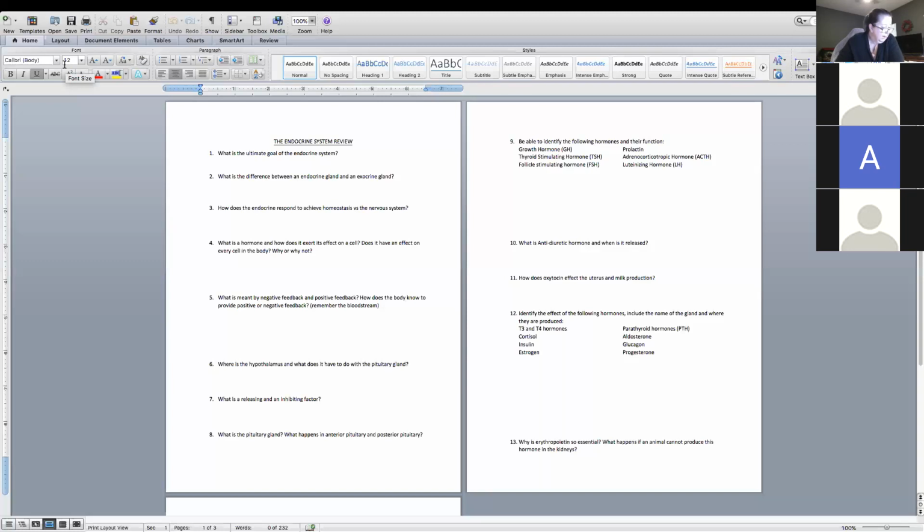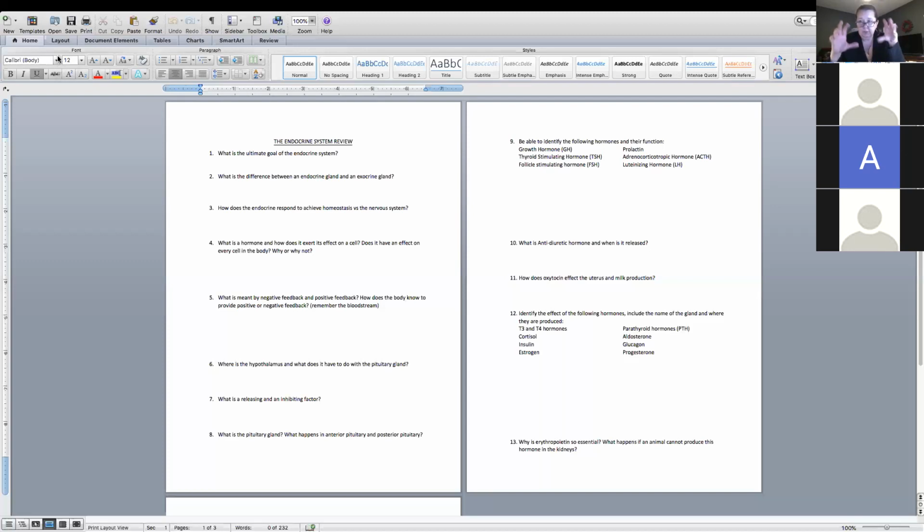What is meant by negative feedback and positive feedback? How does the body know to provide positive or negative feedback? Negative feedback is initiated by rising levels of hormone in the blood, and positive feedback is initiated by lower levels of hormone. Remember, there's a base level in the blood. It's being monitored by the hypothalamus. When the hypothalamus detects that hormones are low, it sends a releasing factor to the pituitary.